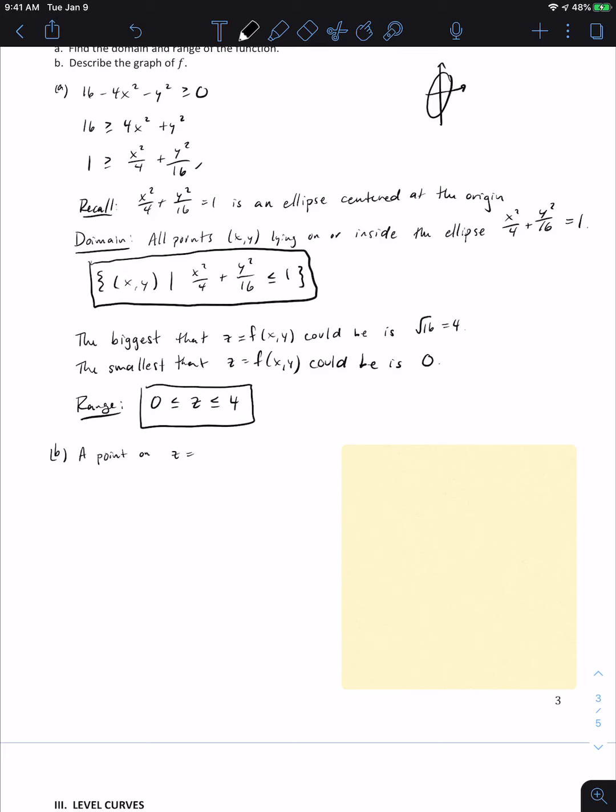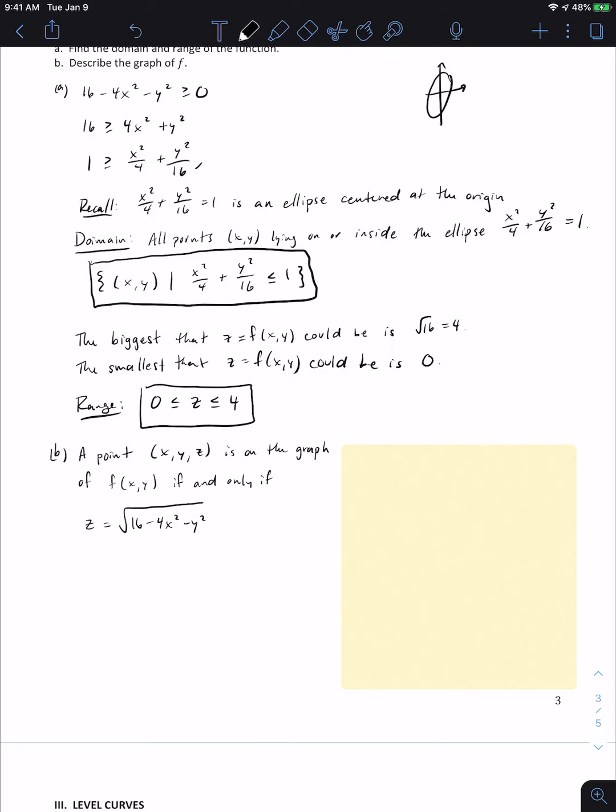A point, we'll call it a three-dimensional point, x, y, and z, is on the graph of f of x, y if and only if z is equal to the square root of 16 minus 4x squared minus y squared, right?